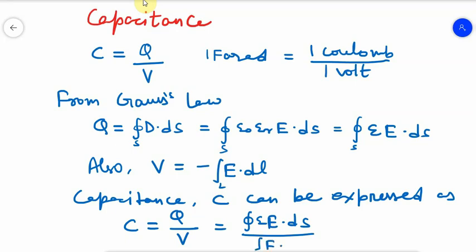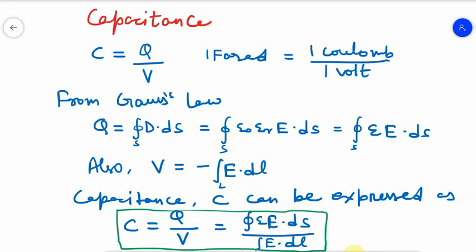We are taking the magnitude only. This is the formula we can use. In this way we can determine the charge and potential, and it is the ratio of charge and potential, so the capacitance can be determined, and it is in farads.